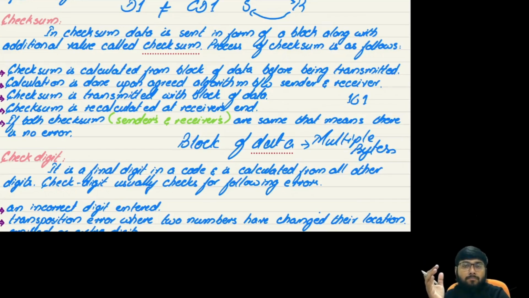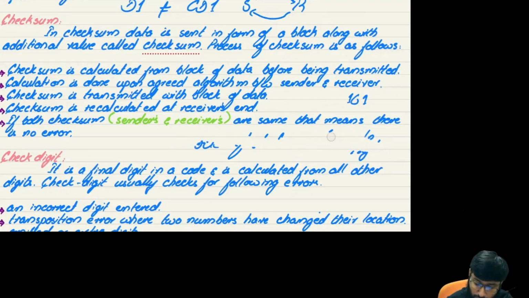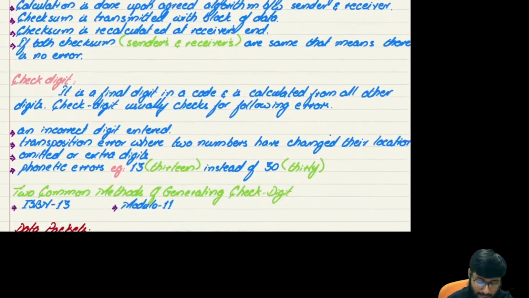But if not, that means there is an error in the transmission of the data. So if both checksums at sender and receiver are the same, there is no error, otherwise there is an error. So this is how a checksum works, or how checksum checks the error in this particular manner.